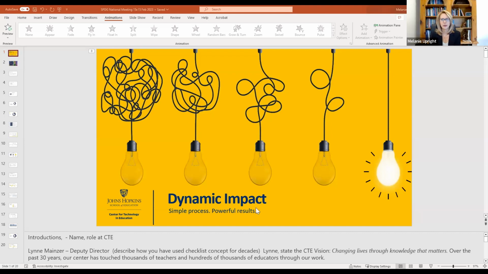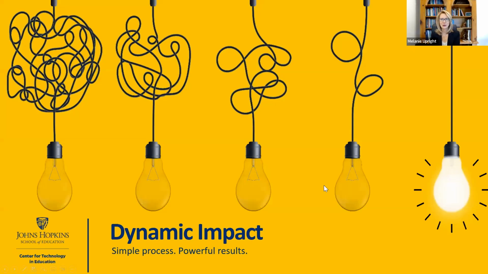I am Melanie Upright. I am a project director with Johns Hopkins University, and I lead the Dynamic Impact Project. This work is really exciting for me to share with you, and 15 minutes is certainly not enough time for me to unpack all of what this work is.